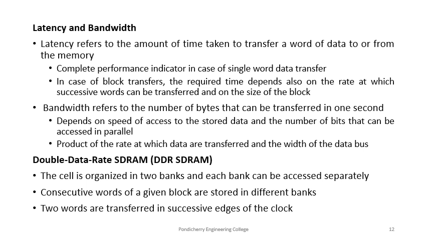But in case of block transfers, the required time depends also on the rate at which the successive words can be accessed. So earlier we have seen this timing diagram for an example block transfer. Initially, to get the very first byte, it took a longer time.